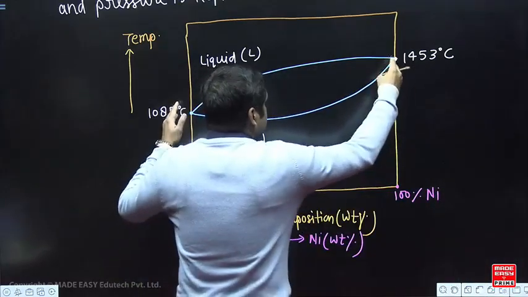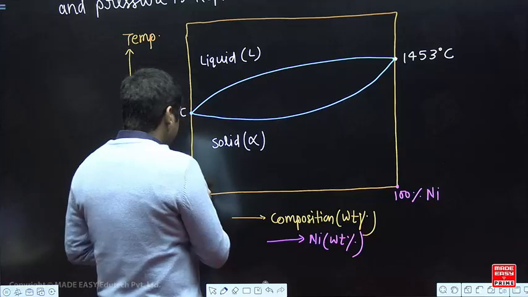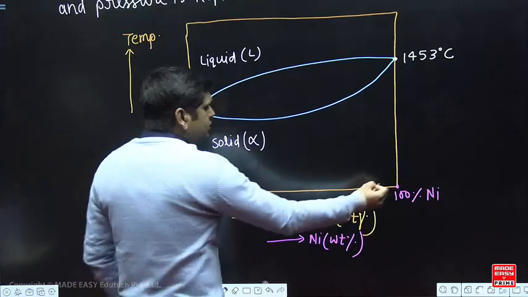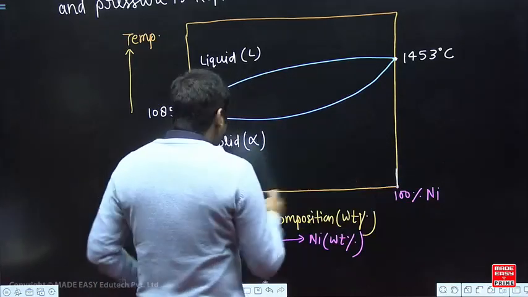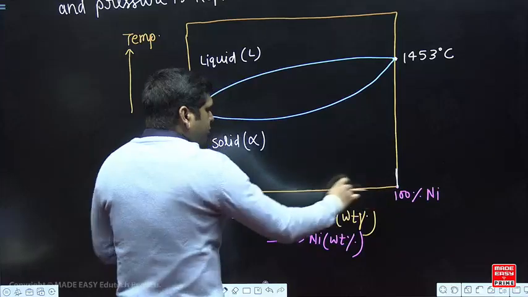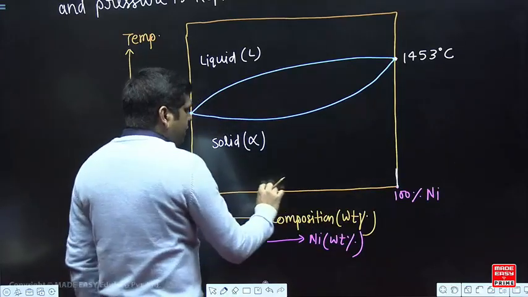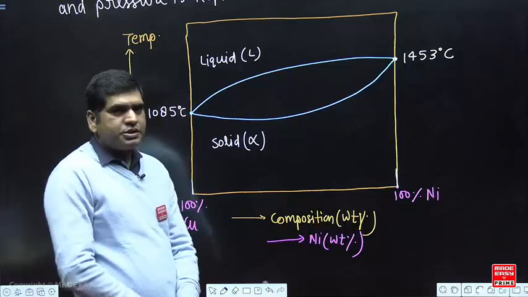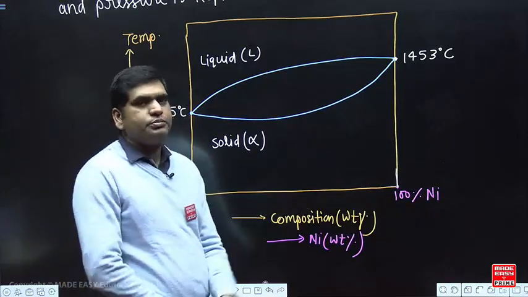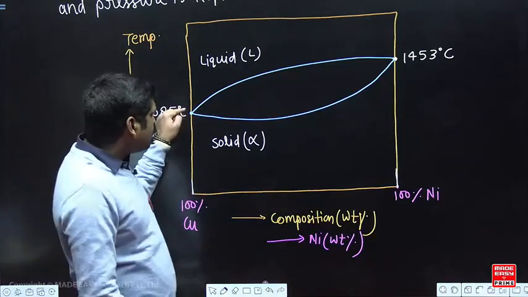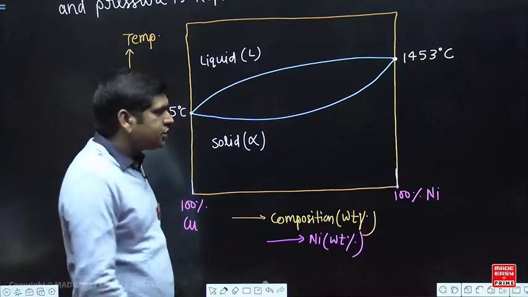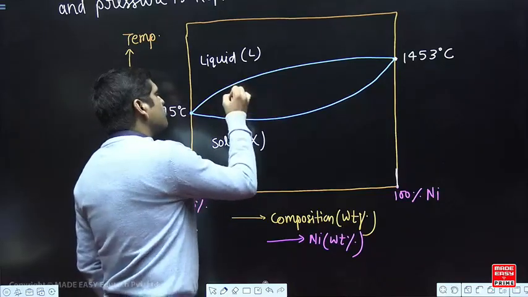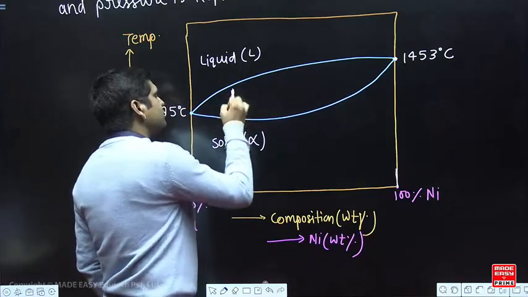Between this range, this line is pure copper, this line is pure nickel. Apart from these two extreme ends, anywhere you will have certain percentage of copper and certain percentage of nickel, means it is an alloy. So alloy does not melt at a single temperature. In fact, alloy melts over the range of temperature.